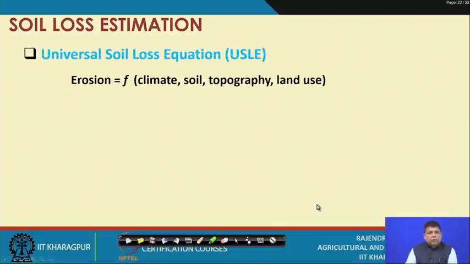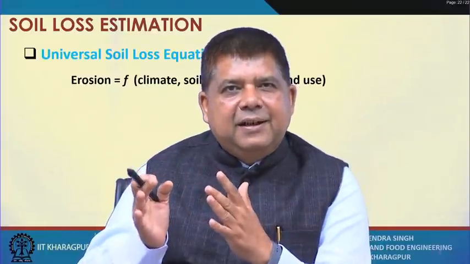Now, continuing with the universal soil loss equation USLE, you remember that in one of the classes where we were discussing the factors affecting erosion, I gave an equation that erosion is a function of, in short terms, CTVS: climate, topography, vegetation and soil.